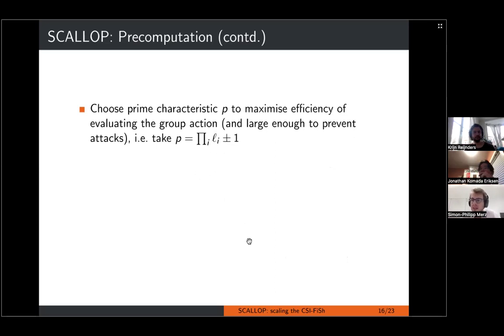So first of all, we again want our horizontal isogenies to be defined over a small field extension. This is the same as in CSIDH, and also the endomorphism, which we also sample, or which has a degree, a power also of these primes. We also want it to be defined over a small field extension, and then efficiently compute with it. So this is quite similar.